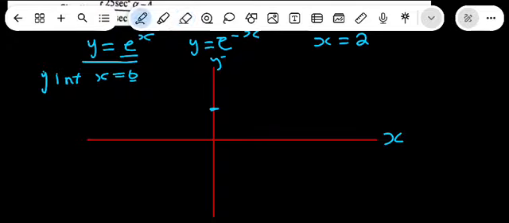This one has a positive exponent, so you have to know that it will be an increasing graph. Your graph will cut at positive 1, the point (0; 1).